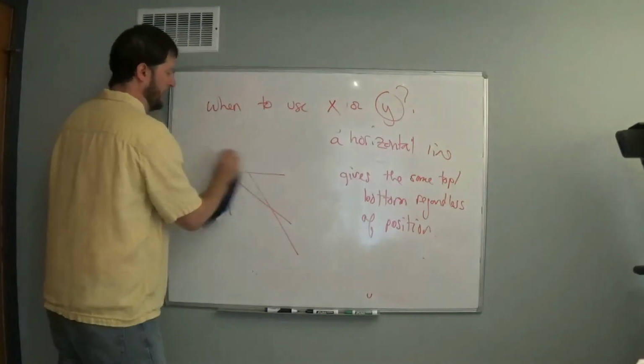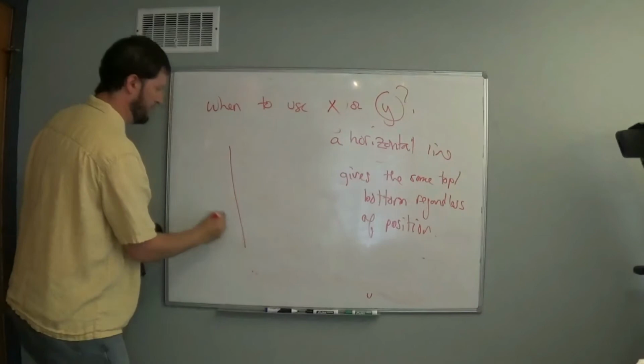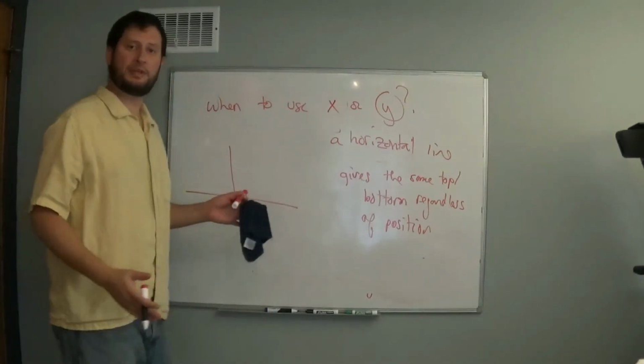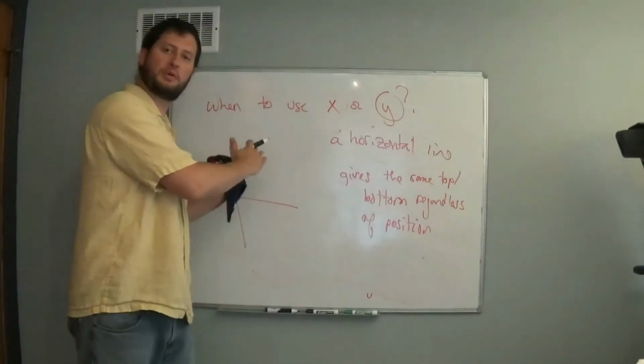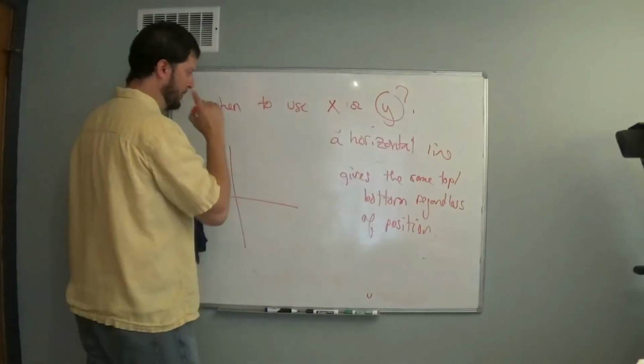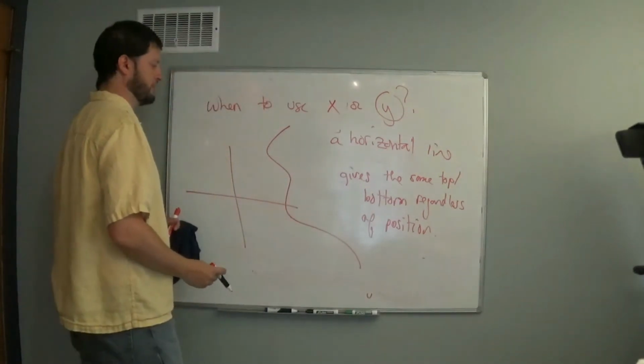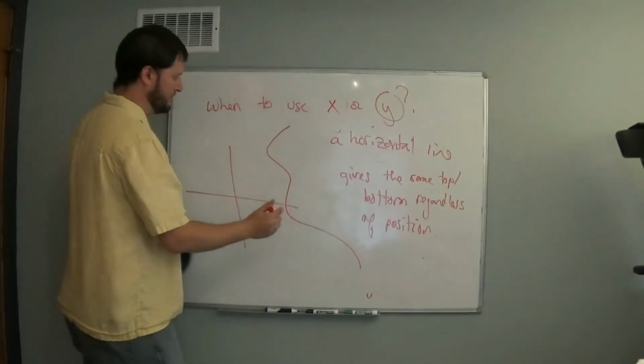It can happen in other situations as well. So here's a couple of other examples. Most of the time it's when we don't have a function, but we instead have a function that's turned on its side. That's how we're going to get to those types of situations. Right? So there's a function that's turned on its side.